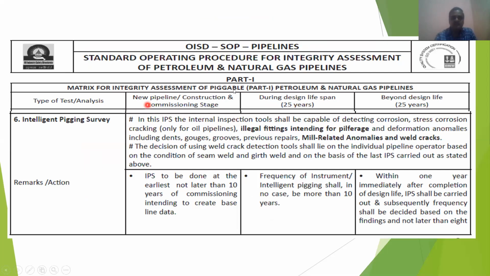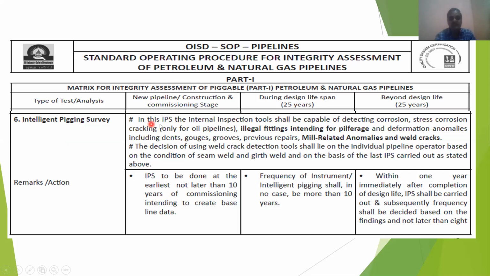See this. Then you have to run the intelligent pigging. Again, it has an SOP. In Part 1, point number 6, very clearly specified. Intelligent pigging survey, IPS. What is this?